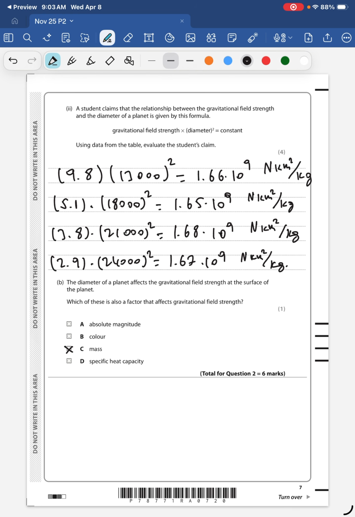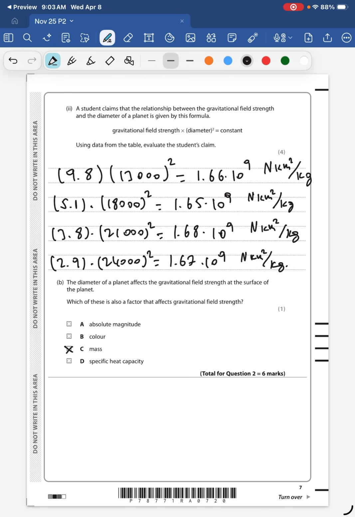And actually, one thing I noticed with the Edexcel exams is that sometimes in multiple choice questions, you can figure out the correct answer just by inspection, using the lawyer's way, as I call it. Lawyers usually arrive at the conclusion by eliminating all wrong answers. So here, for example, absolute magnitude makes no sense when it comes to gravitational field strength. I don't even know what they mean by absolute magnitude.